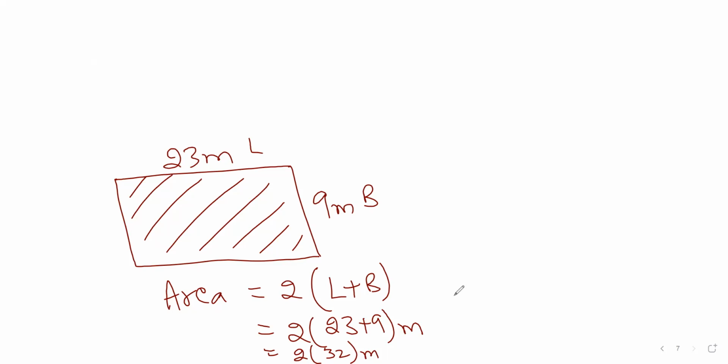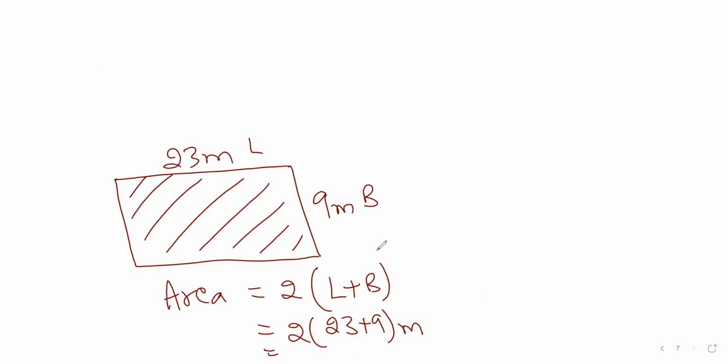So what will be the area? 2 2s are 4, 2 3s are 6 square meter, because multiply is there. 1 minute, wait. I think I made a mistake. This is the formula of perimeter, not area.